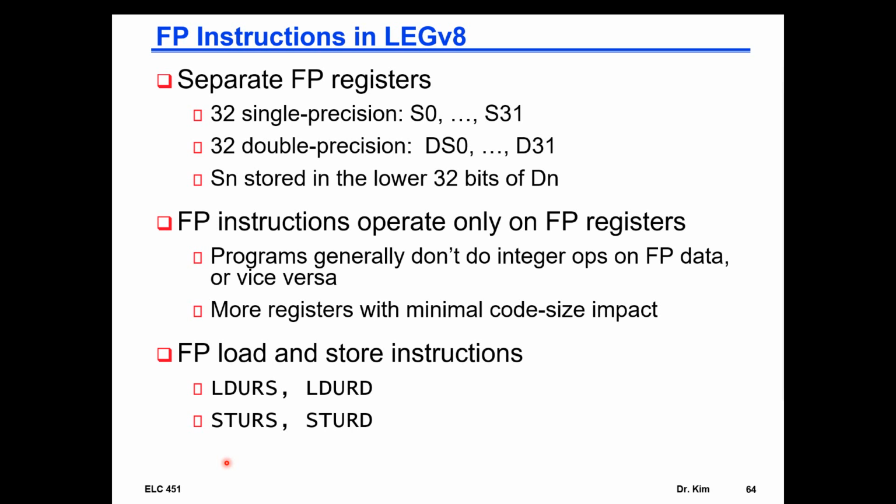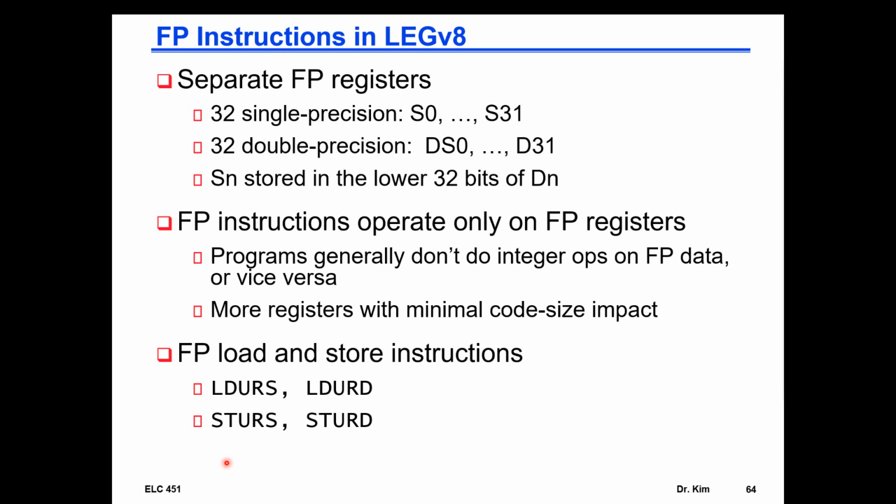The set of floating point instructions in the ISA operate only on the floating point registers. Remember, when you think about the actual implementation, there is a lot of data steering through multiplexers that the controller of the CPU has to make happen.